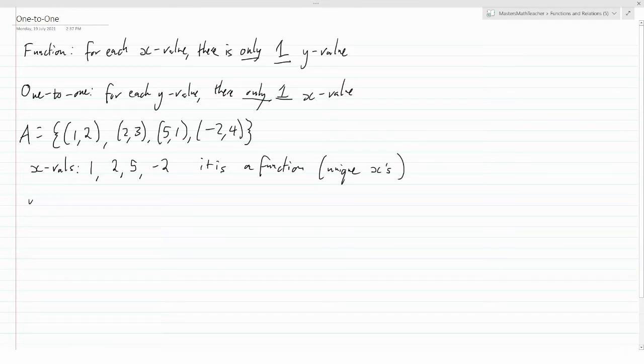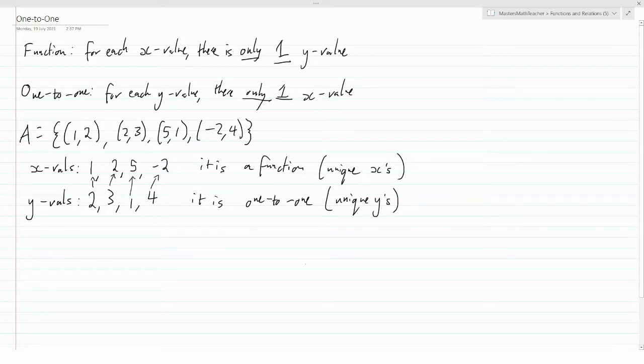Now let's take a look at the y values. So now we know this is a function, that's handy. The y values we know are 2, 3, 1, and 4. These all relate one y value to each x value, so it is also one-to-one, because we have unique y's.